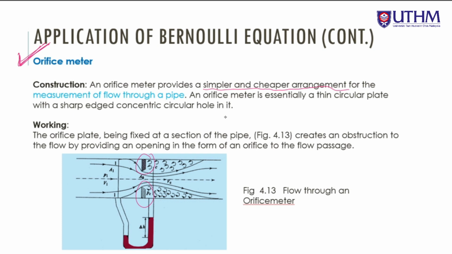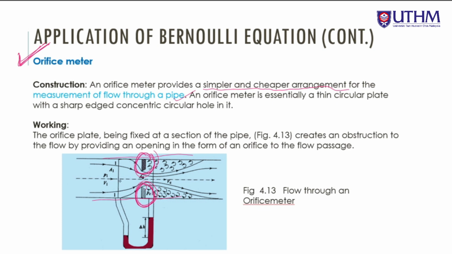So if we use this orifice, we only provide this area, which can be considered as an orifice, and it is used to measure the flow through a pipe. They just add on two pieces of this orifice in order to measure the flow through this pipe.